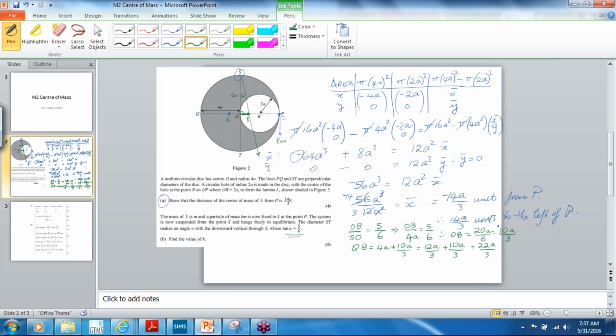So we've got the distance from Q to B, got the distance from O to B. Let's get the difference from B to P. That's going to be a takeaway, that distance here, which was 10A over 3. So we've got 12A over 3 minus 10A over 3 leaves a distance of 2A over 3.